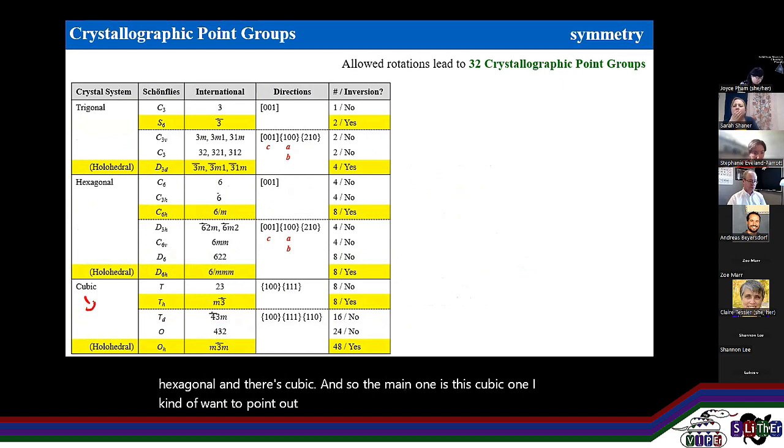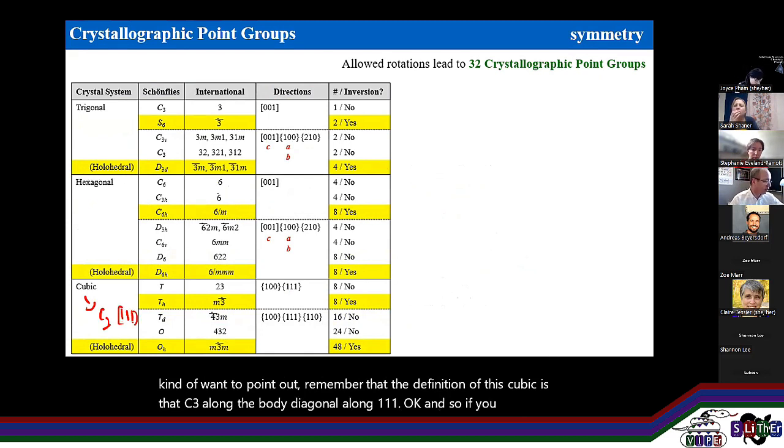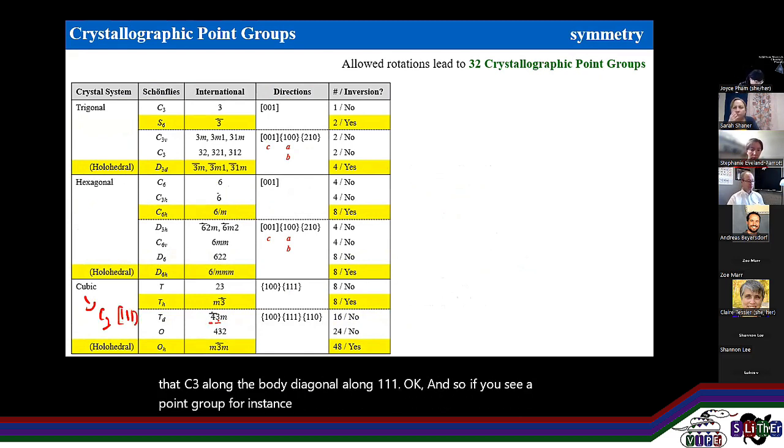Remember that the definition of cubic is a C3 along the body diagonal, along 1, 1, 1. And so if you see a point group, for instance, that's 4 bar 3m, this 3 right here corresponds to the body diagonal.